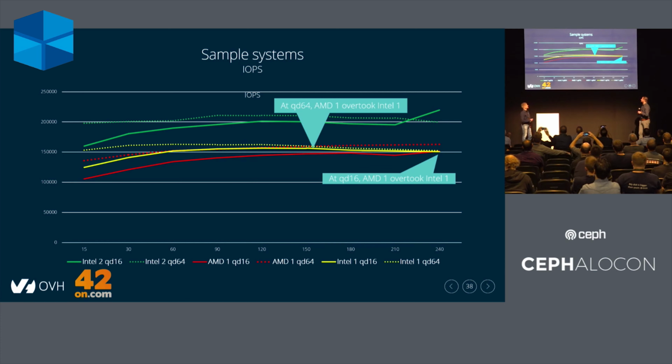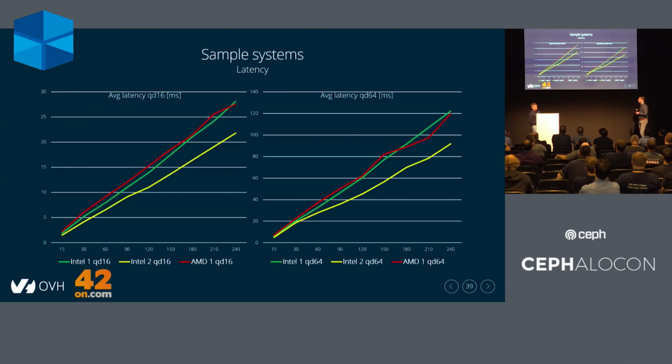But if you look at the graphs, you can see that at QD of 16, at 240 clients, the AMD system was capable of overtaking the Intel system in terms of performance. Why is it happening? Because the AMD system had some extra cores to spare for processing operations. So if you are looking to handle a lot of clients, you need many cores. If you need to handle clients fast, you need fast cores. This is very important.